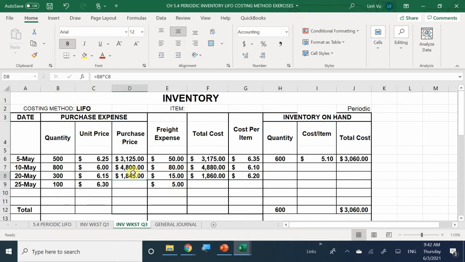Your purchase price was $630, and 635 is your total cost, and your cost per item is $6.35.